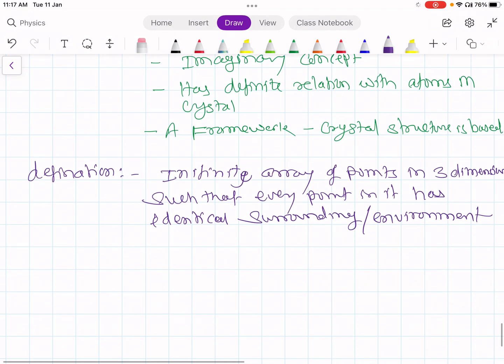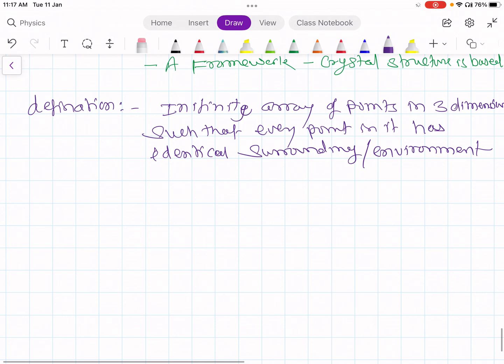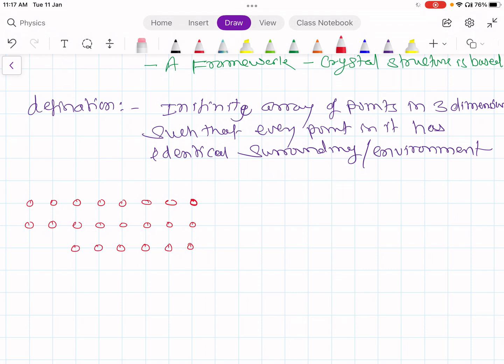So to understand it, let me draw the diagram for this. I am showing the points, that is, the infinite array of points. I can only show two dimensions here.